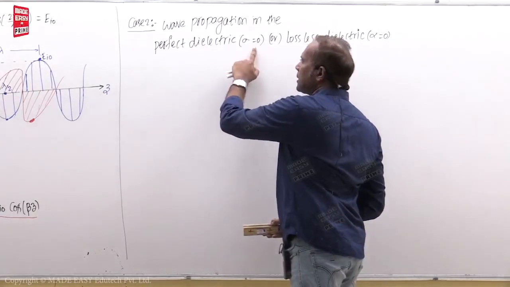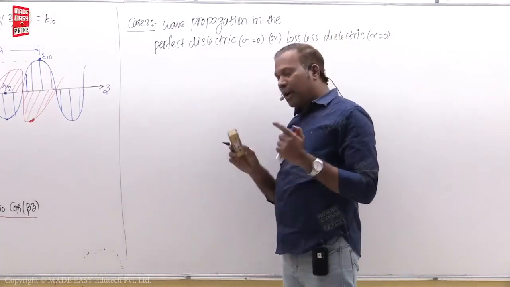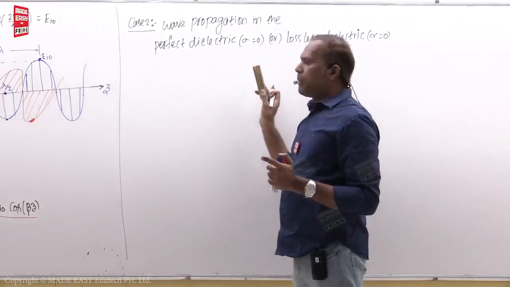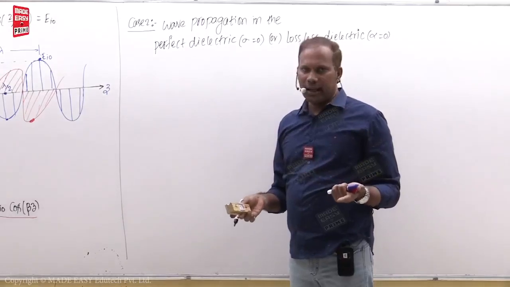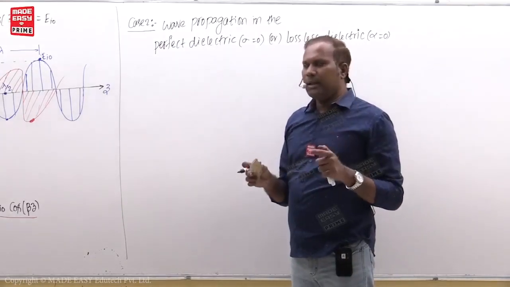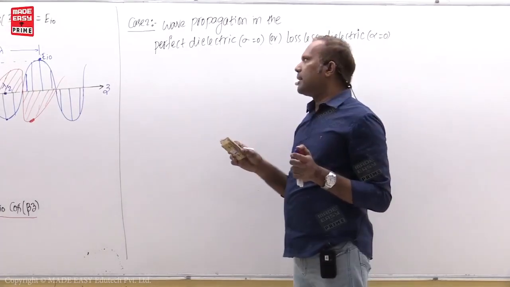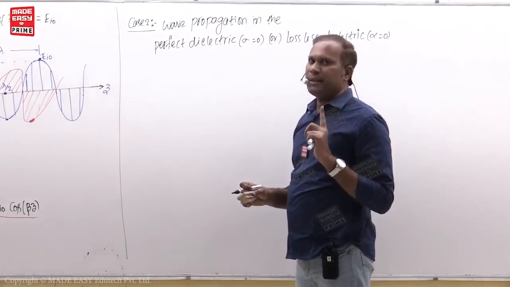Sigma not 0 means that is called an imperfect dielectric. Actually, for a dielectric medium, engineers need sigma value 0. That is why they named that a perfect dielectric. But in any dielectric medium, sigma is present. These engineers called that medium an imperfect dielectric. Imperfect dielectric means sigma is present.